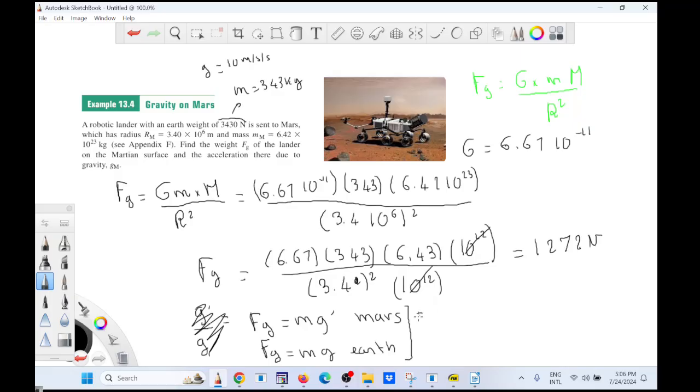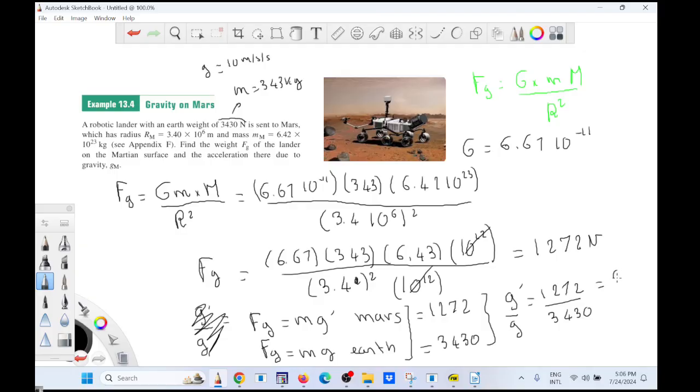Okay, and this equals 1272, and this equals 3430. So that means if you write the ratio between them, G prime over G equals 1272 over 3430.